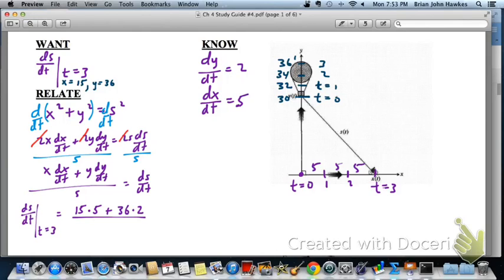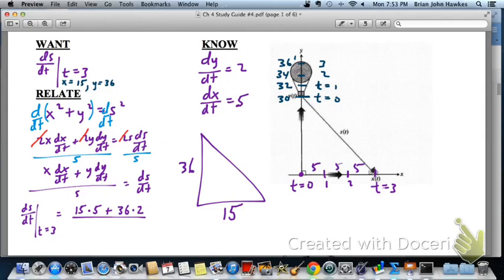Okay, well, many times in these kinds of problems, we have this situation in which we have to work for one of the values. So the x has a value currently of 15. The y has a value of 36. And so s squared is equal to 15 squared plus 36 squared. And so let me go ahead and take out my calculator for that.